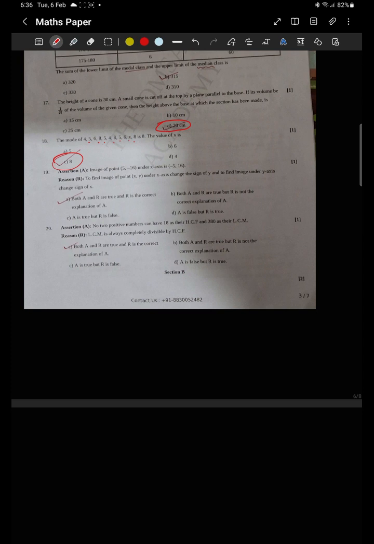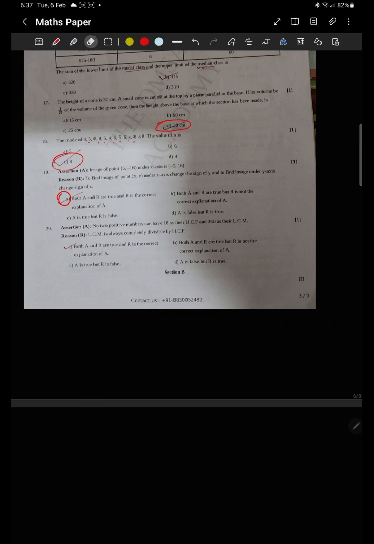To find the image under the y-axis, change the sign of x. So both the assertion A and the reason R are true, and R is the correct explanation of A. So option A is correct.